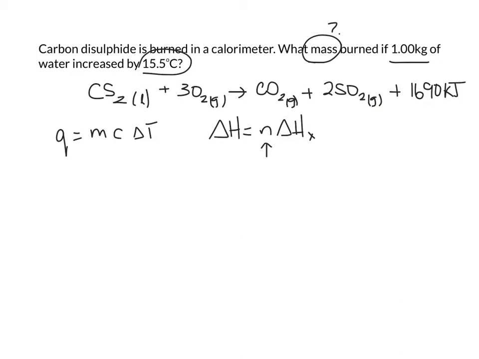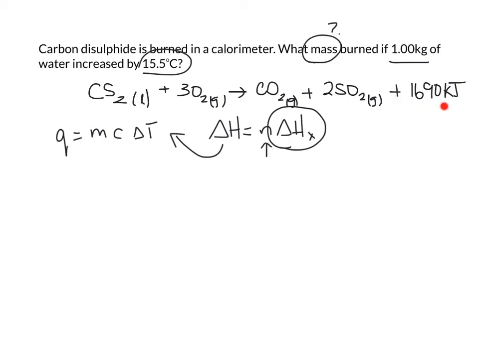We can find ΔH because we can find Q, but we don't have ΔHx, and we can't solve this equation with two unknowns. But you just learned all about molar enthalpy and representing thermochemical reactions.